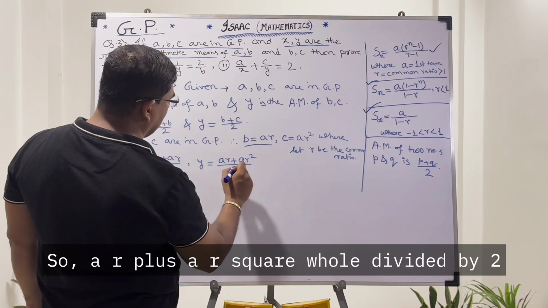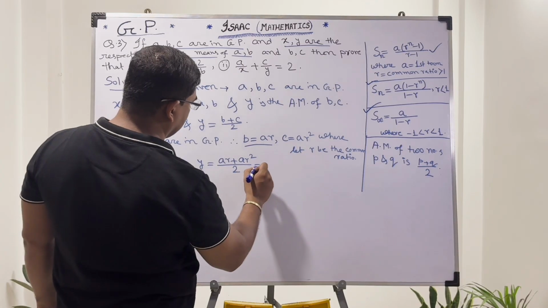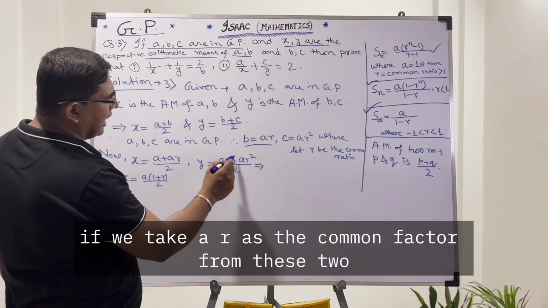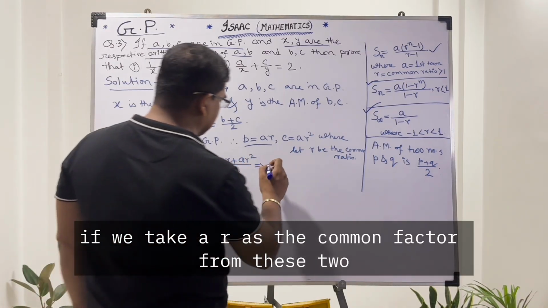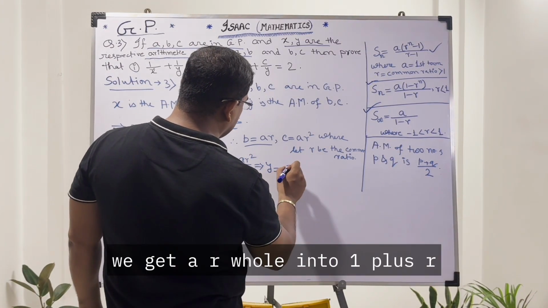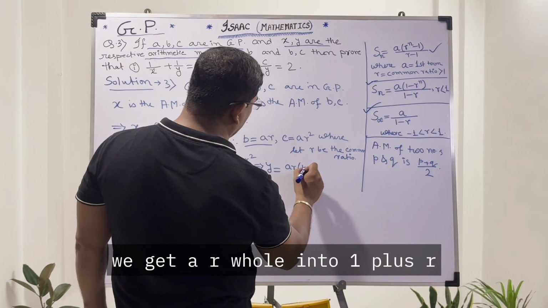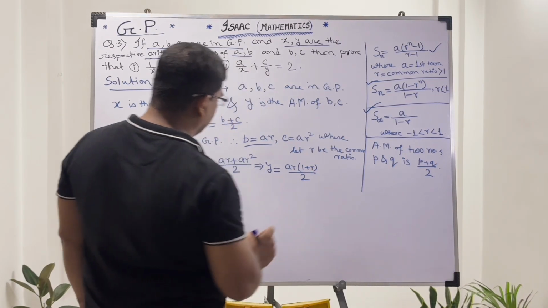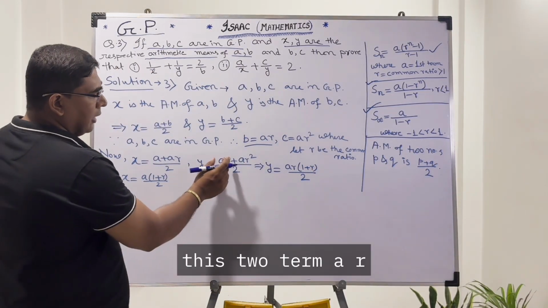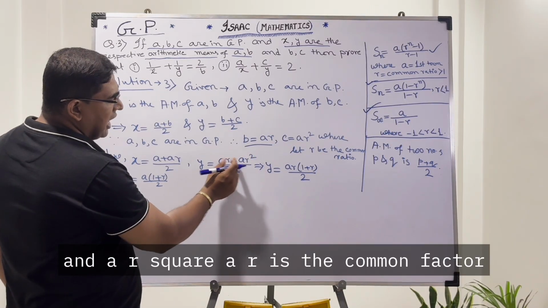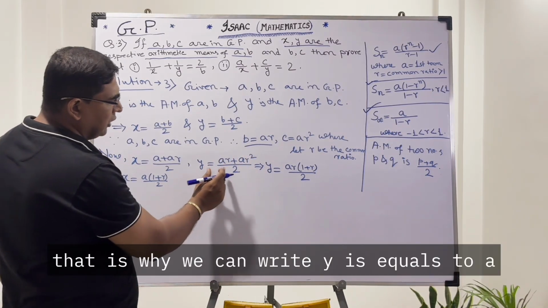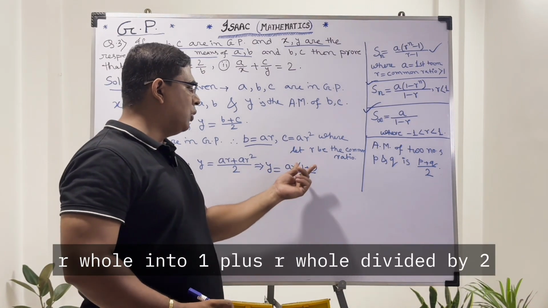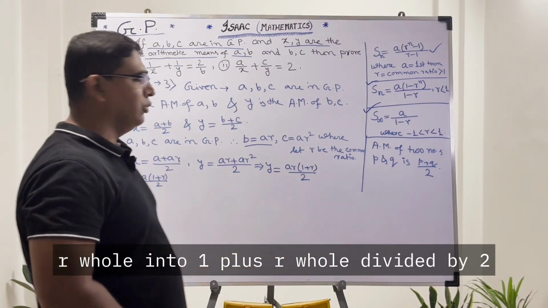So, AR plus AR square whole divided by 2. Now, if we take AR as the common factor from these two terms, we get AR whole into 1 plus R whole divided by 2. That is why we can write Y equals AR whole into 1 plus R whole divided by 2.